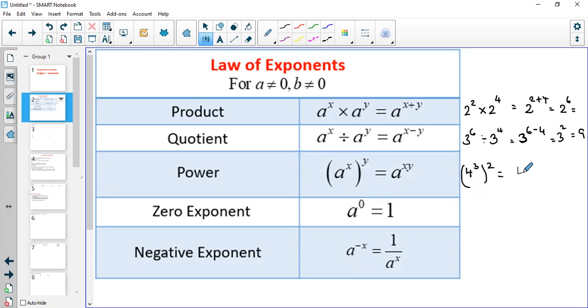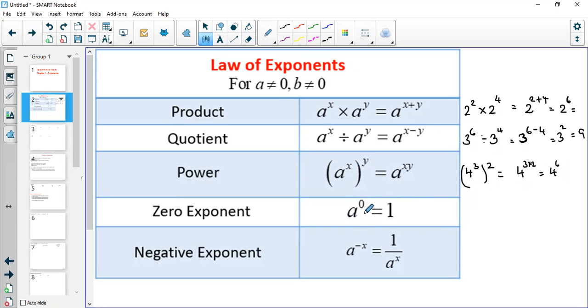So here, you're going to just say 3 multiplied by 2, which is going to equal 4 to the power of 6. There's a difference between these questions and the earlier ones, because there the base is the same, that's why we are just adding the exponents. But here the base is a single one, and the power of 2 is outside the parenthesis. So we need to multiply how we would normally multiply with a parenthesis.